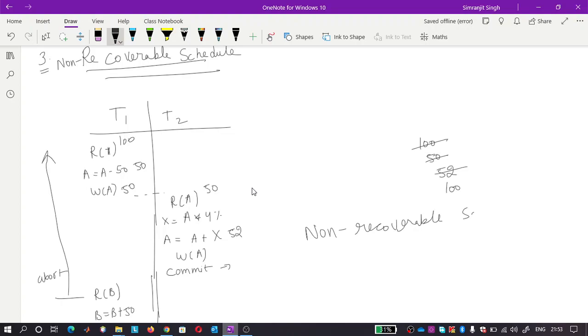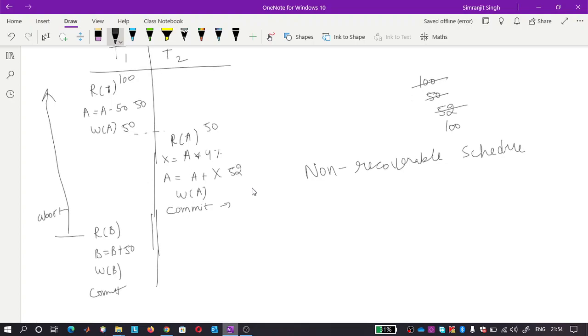Now, why this happens is because we are reading from uncommitted data. Okay, so if I give you a simple definition here that you can find in any book, it is very important to understand the transaction definition here.